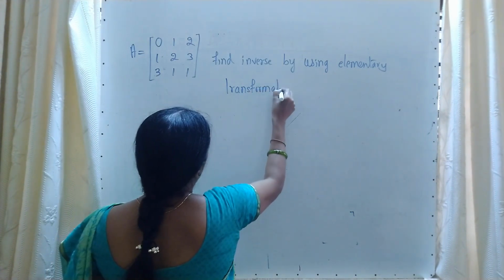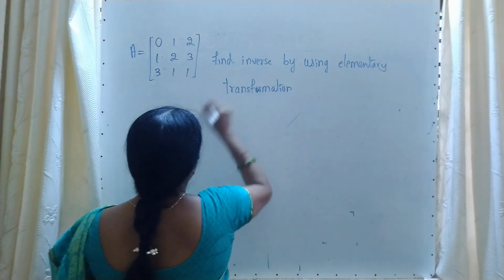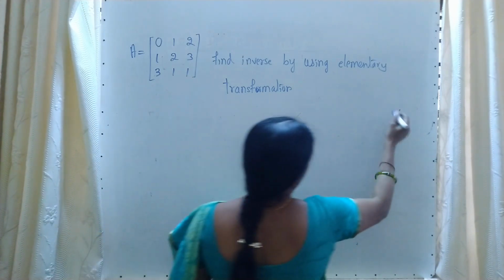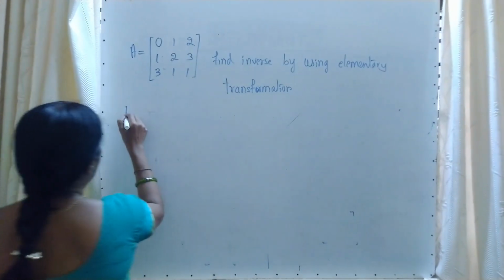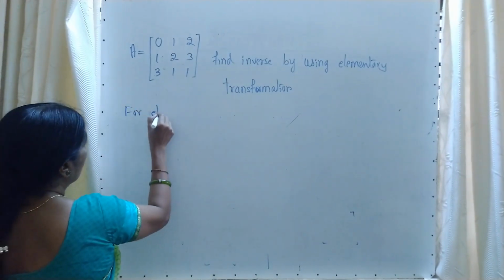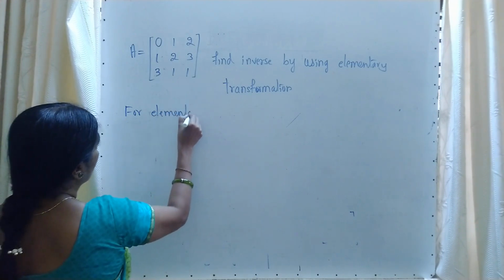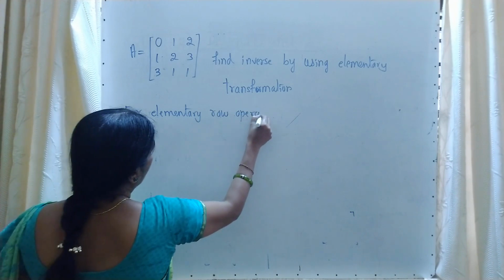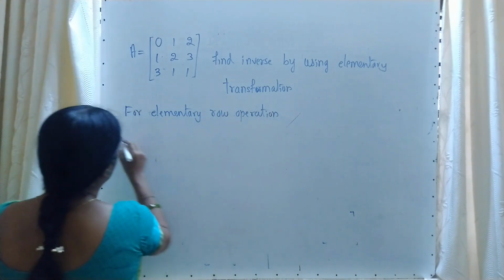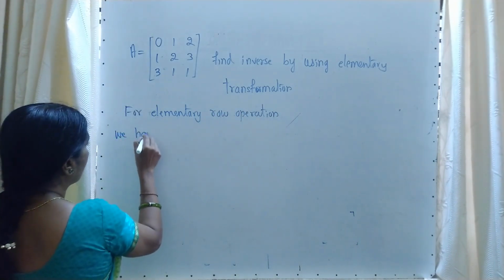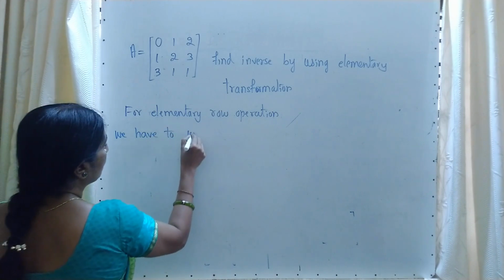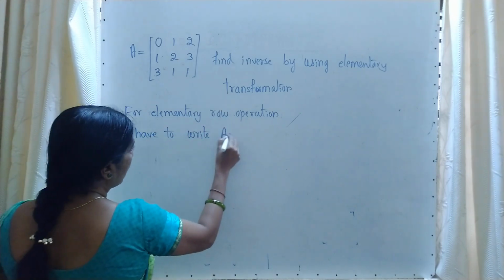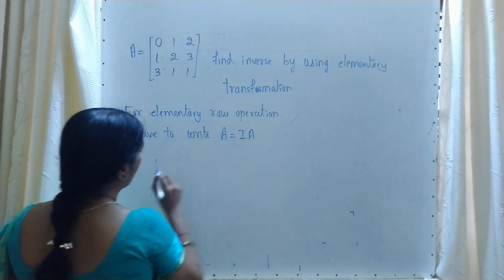That means you can apply row or column, anything, but I explained the row. So for row operation, for elementary row operation, we have to write A is equal to I into A.